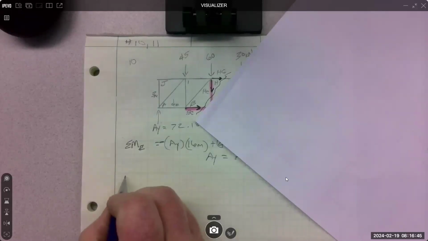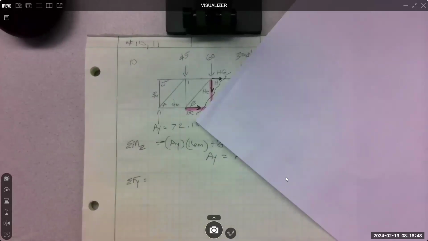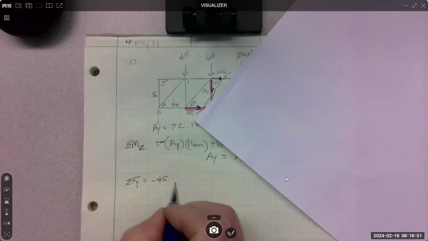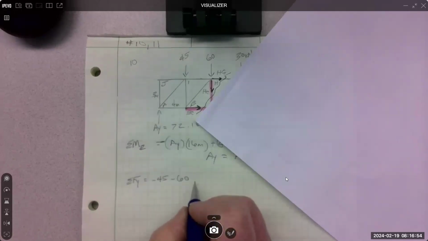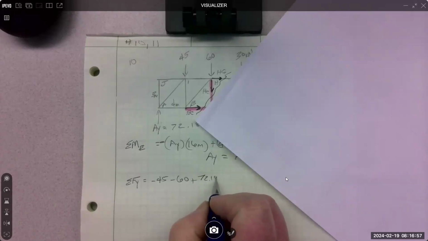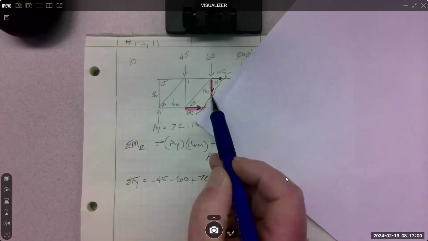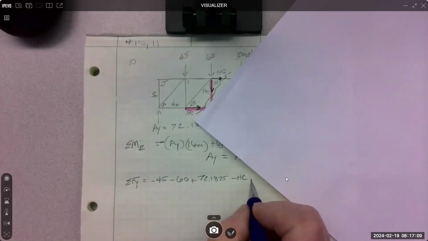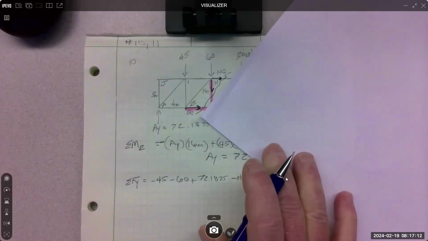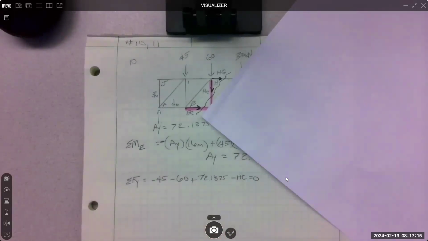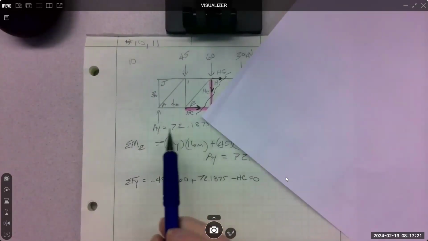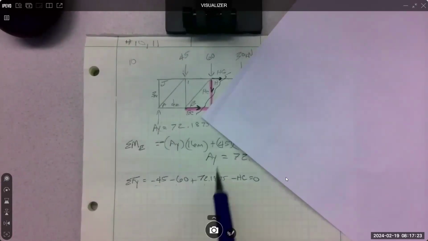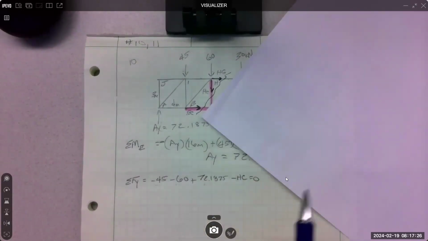So I'll do that. Sum of forces in the Y: minus 45 minus 60 plus 72.1875. And then I drew, because method of sections says just put them all in tension, don't worry about it, so I'm going to write in minus HC, and that equals 0. 45 down, 60 down, 72.1875 up, and then HC down is what I have.